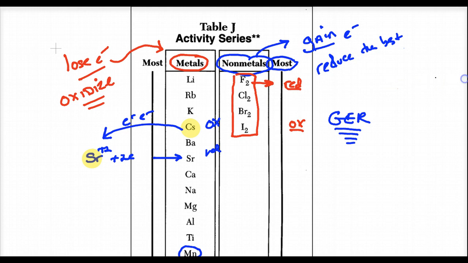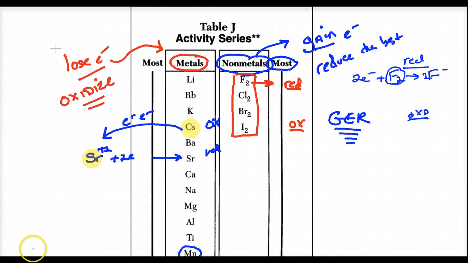It's always written as reduction, so let me try to do this correctly. 2 electrons plus F2 gives me 2F negative. And since this reduces the best, you're going to have the reduction over the oxidation.